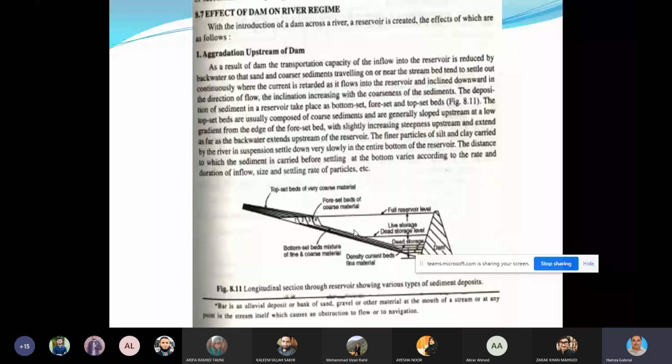So likewise, there is a lot of problem of sedimentation in both our reservoirs of Tarbela and Mangla as well.